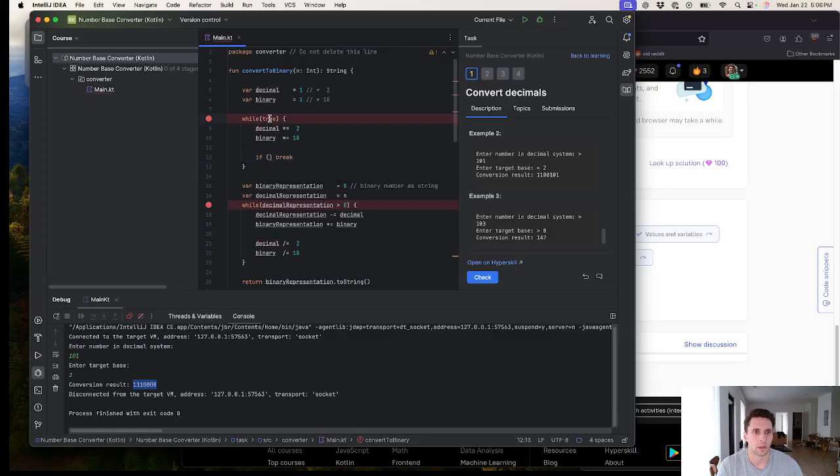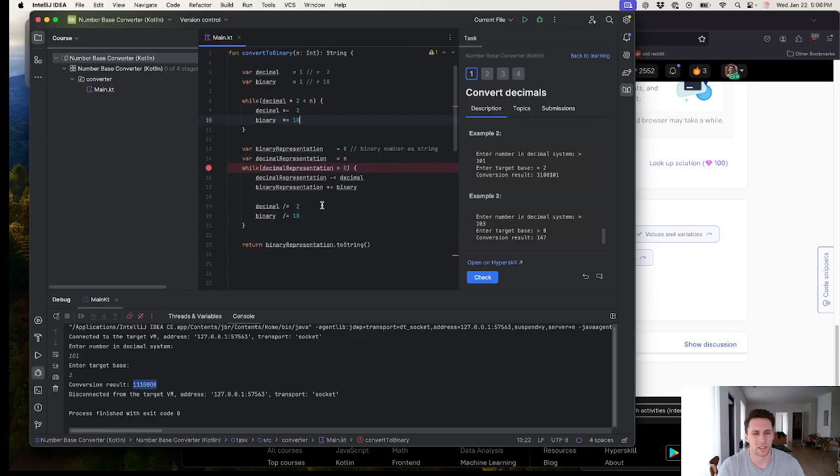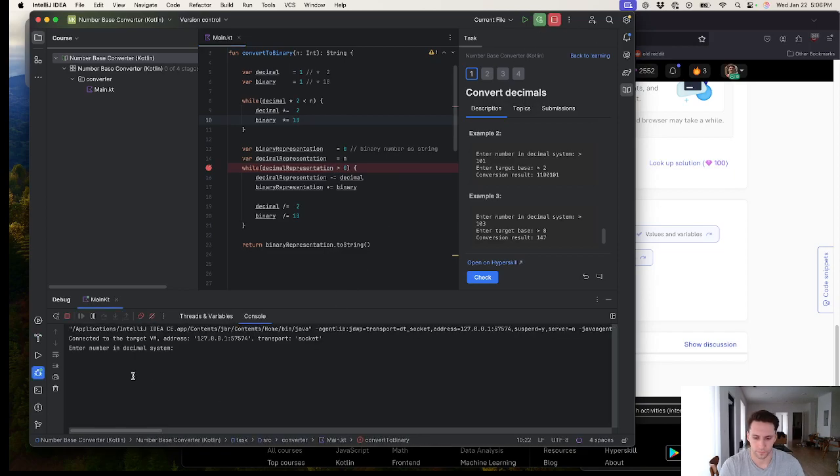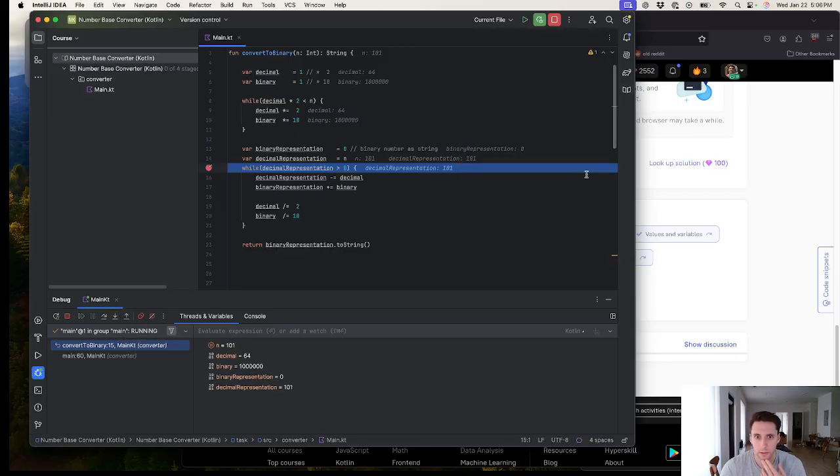So, alright, that should resolve this up here. Now, what's going on with the next part? Let's see. Let's close this. So decimal representation is 101. This is 0. Makes sense to me.